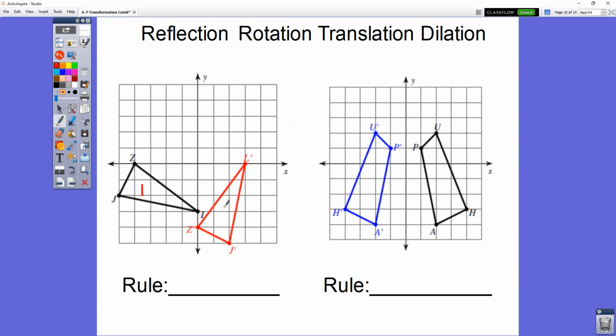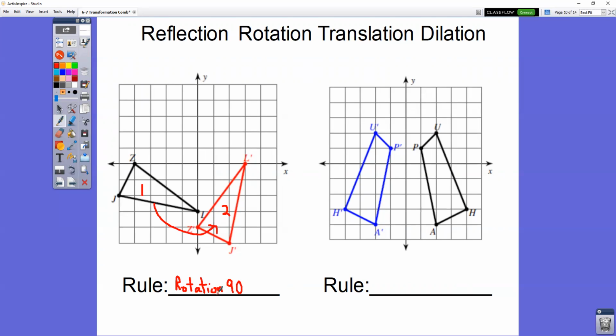So how do we get from this one to this one, the no prime to the single prime? I can clearly see that this is being turned. The only one that turns something is a rotation. And now you're going from here to here. So we're only moving 1 quadrant. So that has to be a rotation of 90.